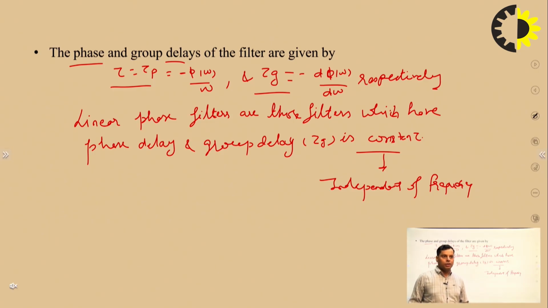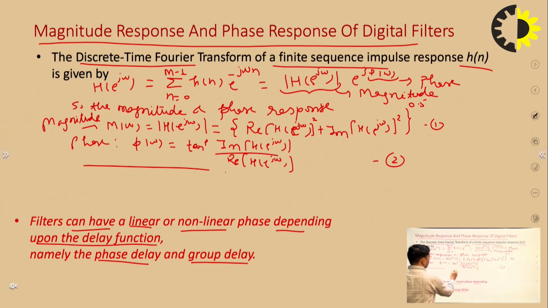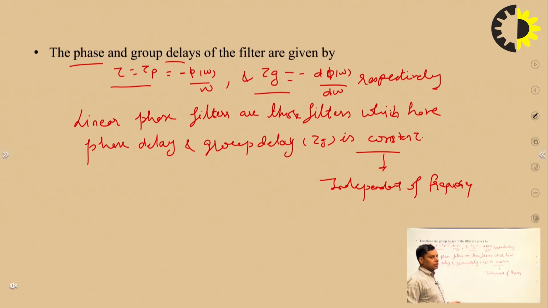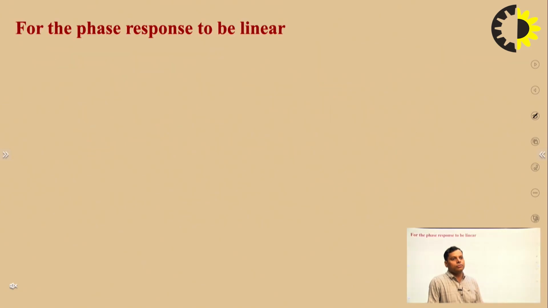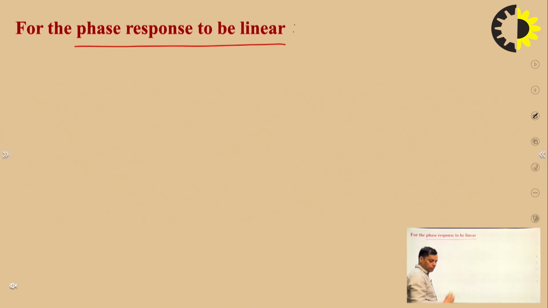Now we will go for the derivative part of this phase. This is what we have to focus on, do its analysis and find some concluding remarks, on the basis of which we can say that the filter should be linear. For the phase response to be linear, this is our main interesting part.